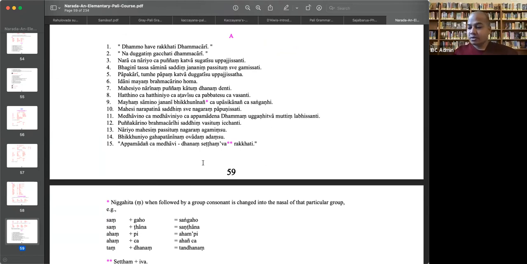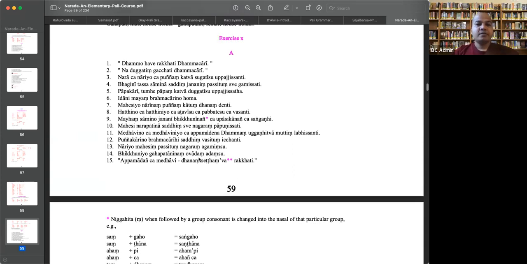Then we can try to translate some of the sentences. Okay, so the first sentence is Dhammo have rakkati dhammachari.